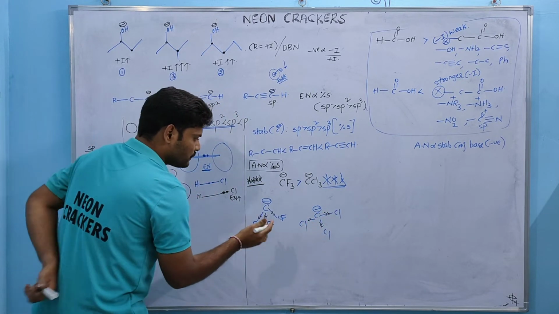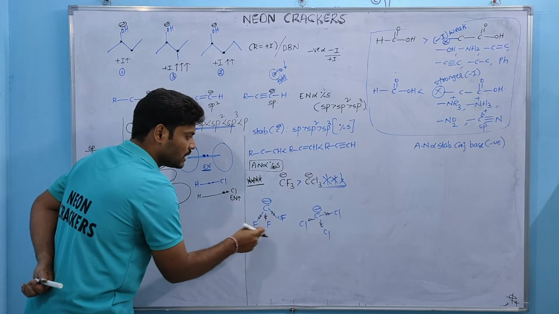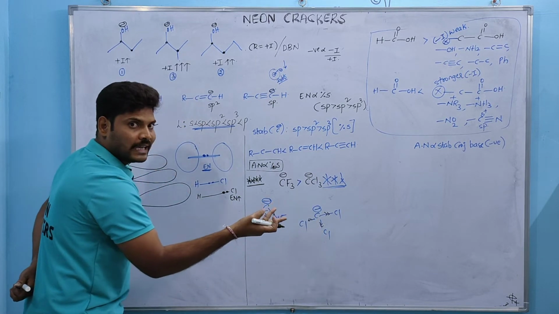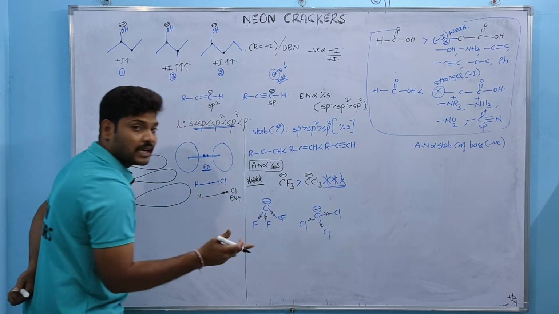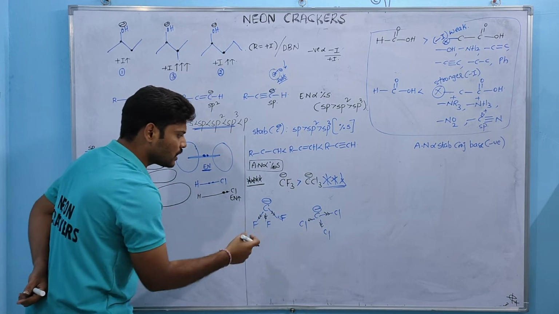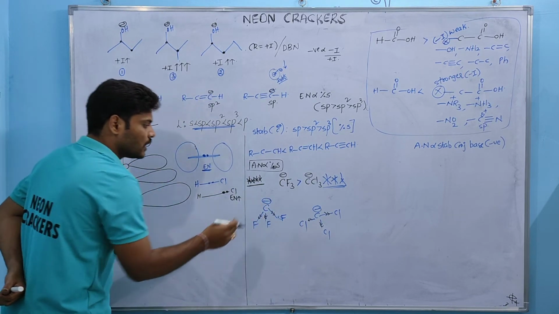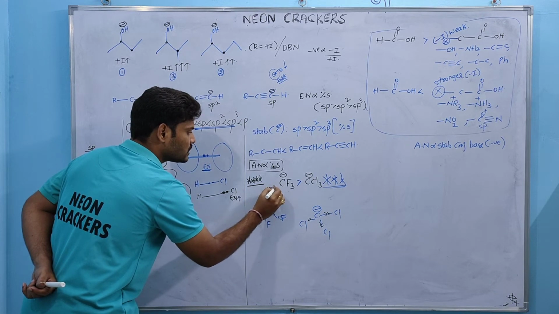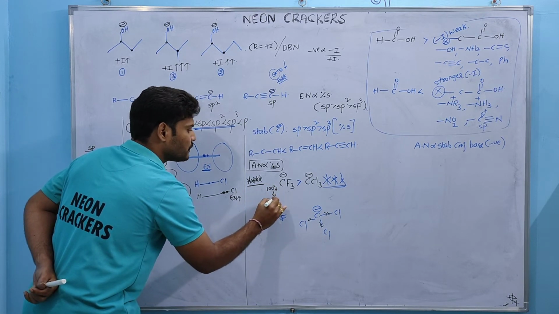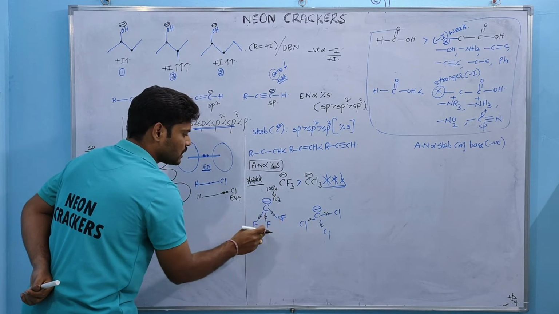So for example, if you guess 100% negative charge, because of these three stronger groups at the same distance. What is the rule? The DNP rule: distance is the same, next number is the same, next what is the priority? Which is stronger? F has the stronger minus I. Due to this stronger minus I, the 100% negative charge is decreased to, for example, 10%, because most of the negative charge is pulled away.